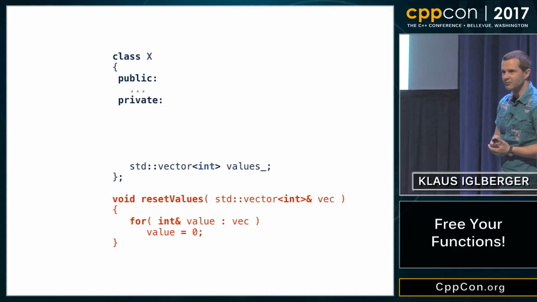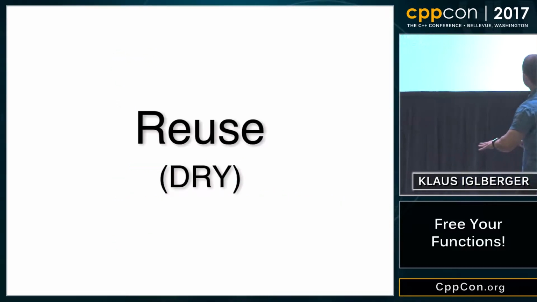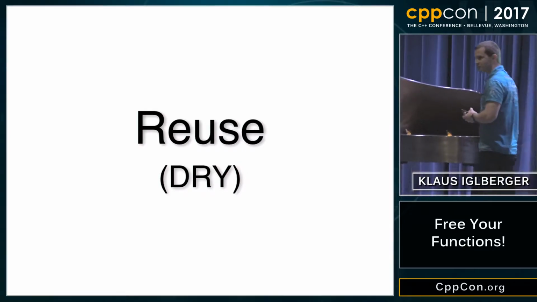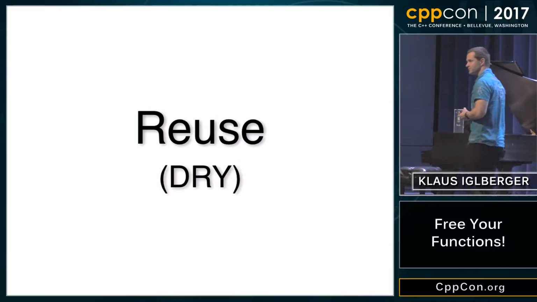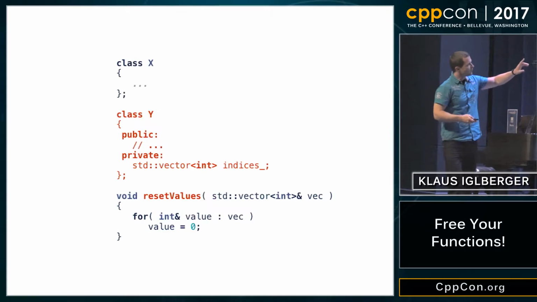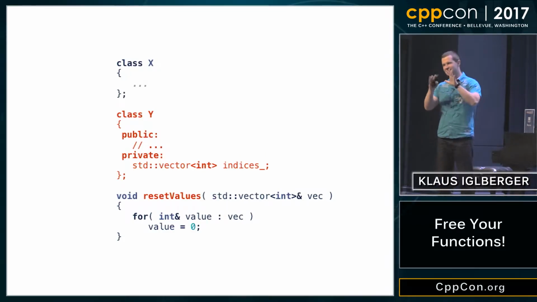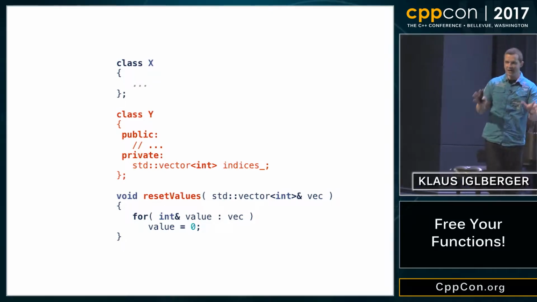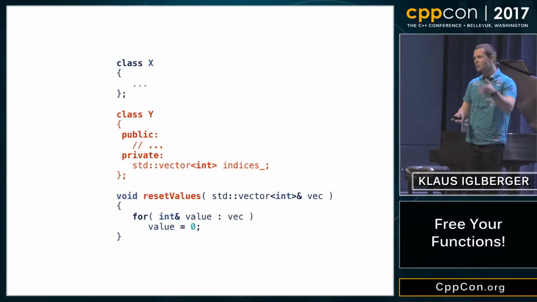So, there are more arguments though. For those who are not yet convinced: reuse, the DRY principle. DRY meaning don't repeat yourself. So, for just one example, assume that there is a second class. Yeah, I know. This is a little unrealistic now. Usually we, of course, only have one class and put all our stuff in this one class.